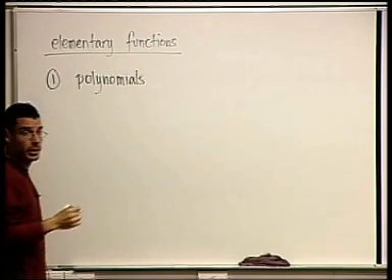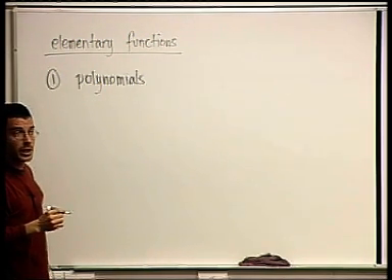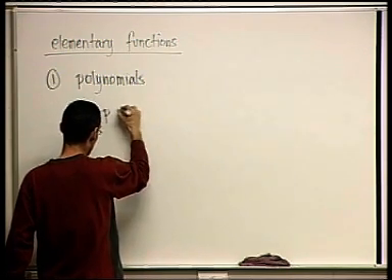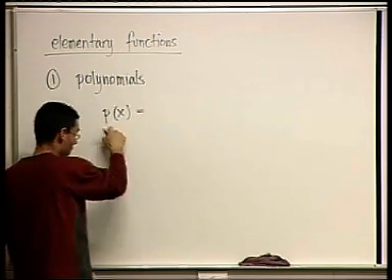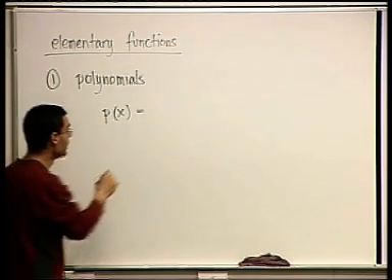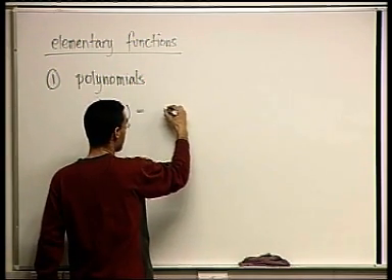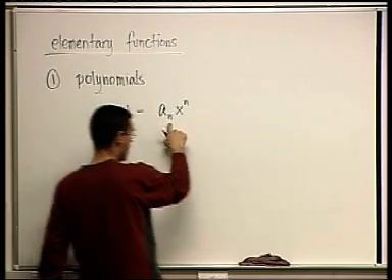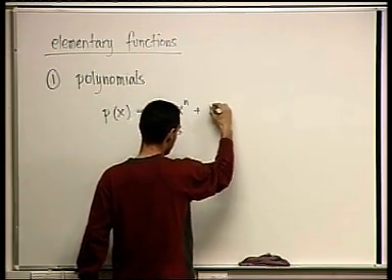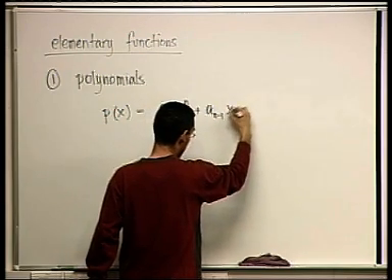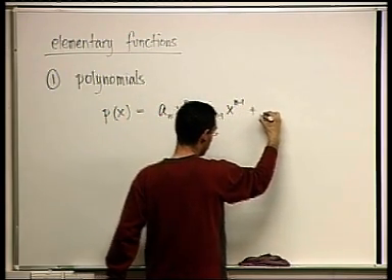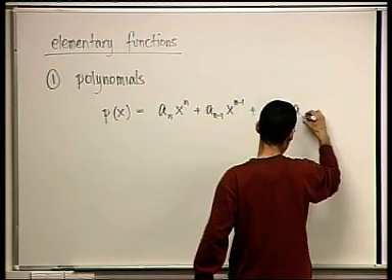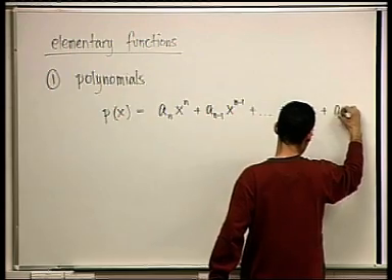Do you all know what polynomials are? Okay. So polynomials are functions, let me call it p of x rather than f of x to emphasize that it's a polynomial. Functions of the form an x to the n plus an minus 1 x to the n minus 1 plus dot dot dot in descending powers all the way up to a1x plus a0.